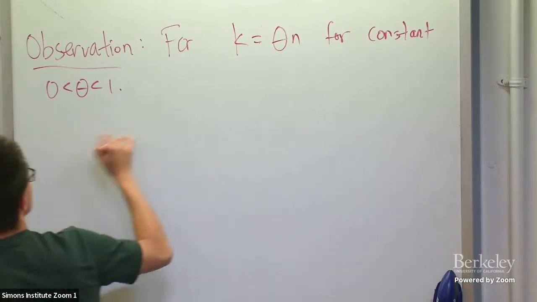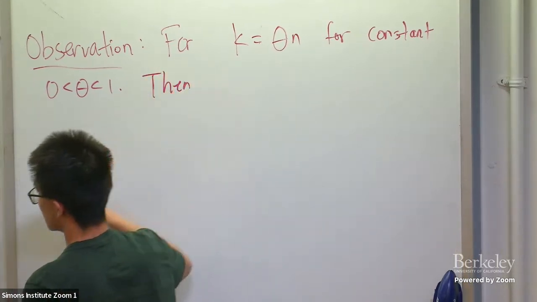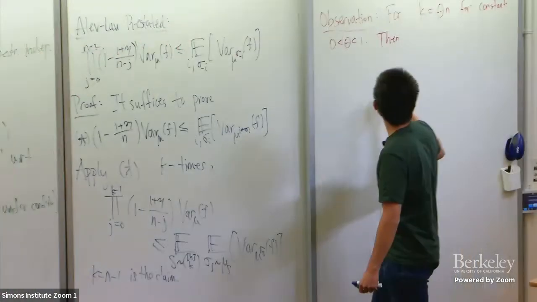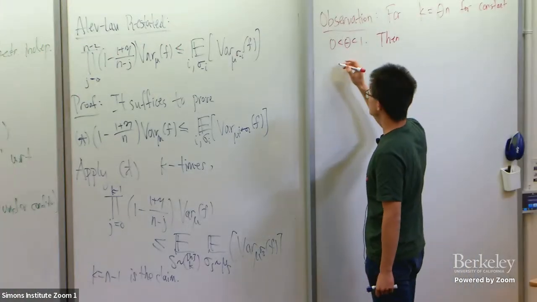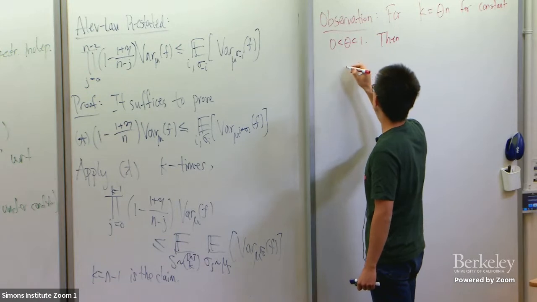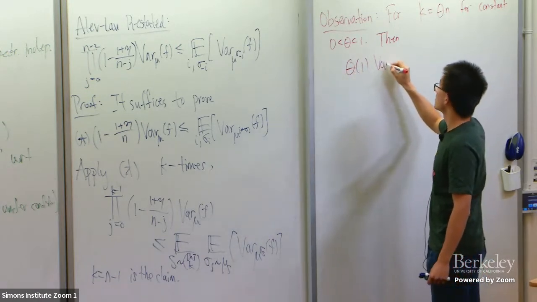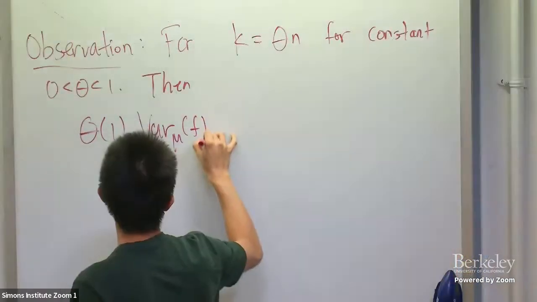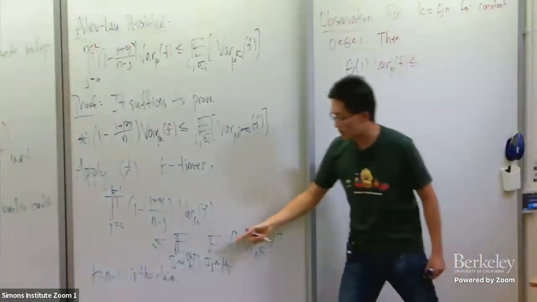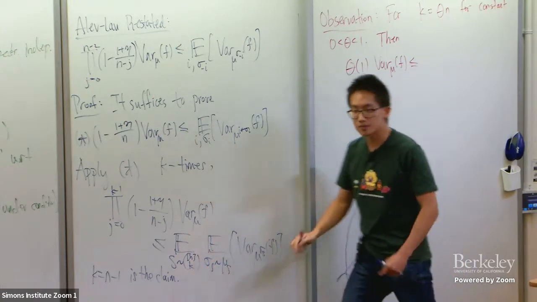Then what I claim is that, up to some constant, we have very good factorization of the global entropy with respect to a random subset of linear size.